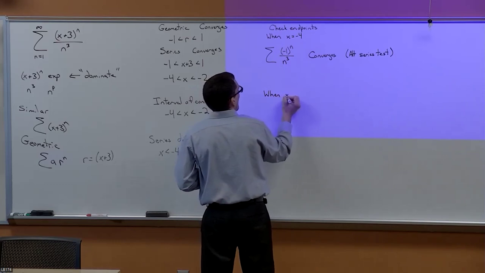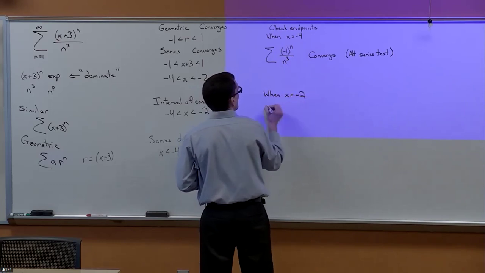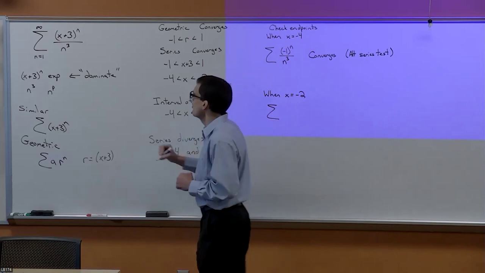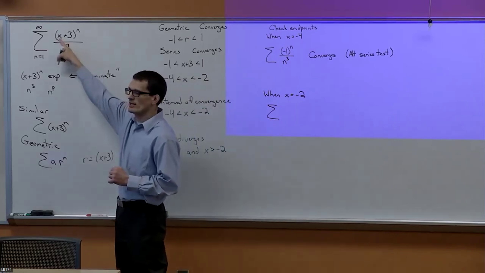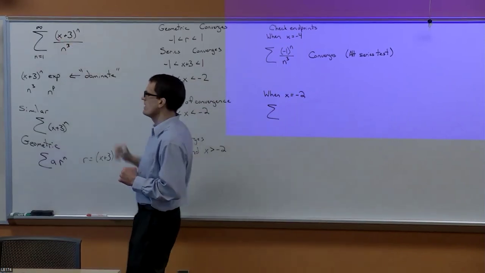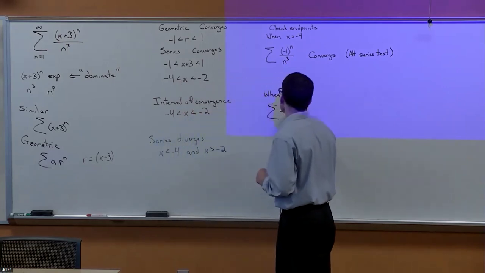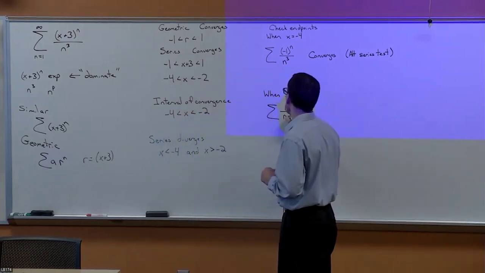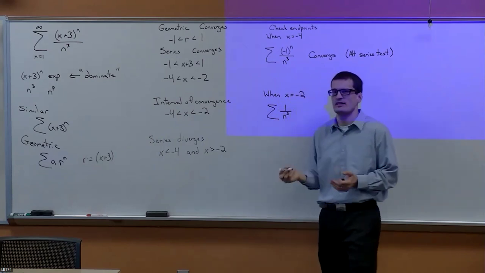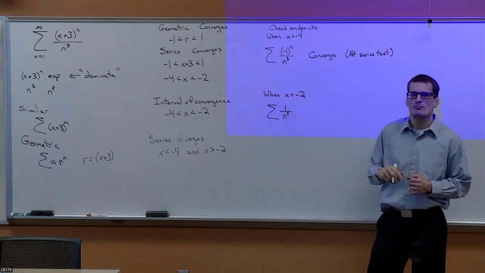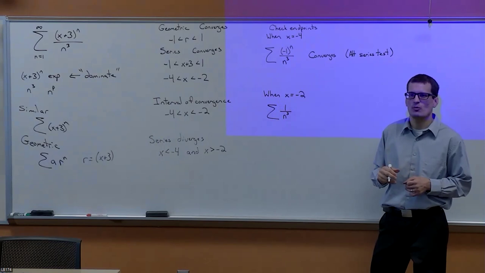When x is -2, what we end up with when I plug in -2 for x is just 1 to the nth power, which is always 1, right? If it's 1 to the nth power, 1 times itself is just going to be 1 over and over.